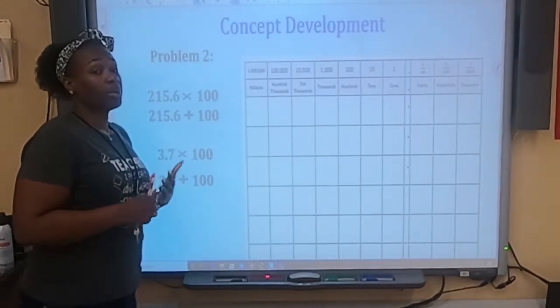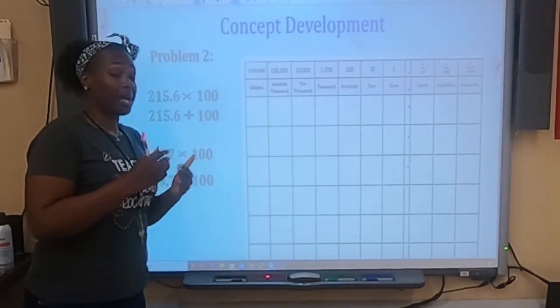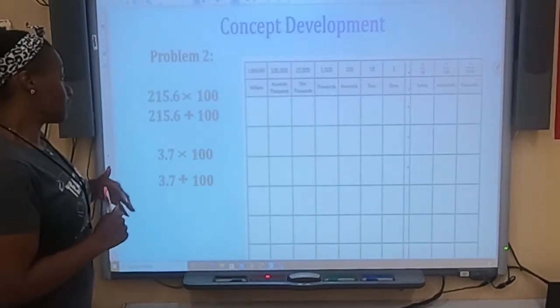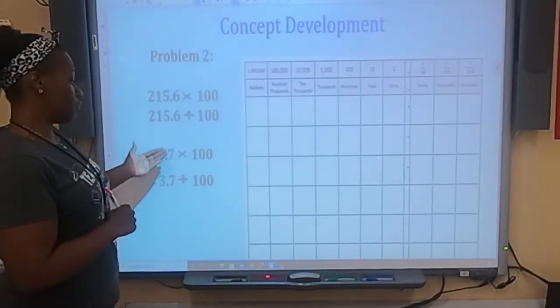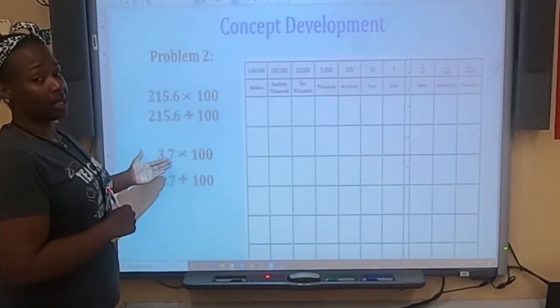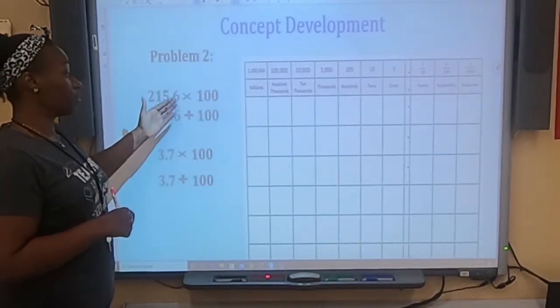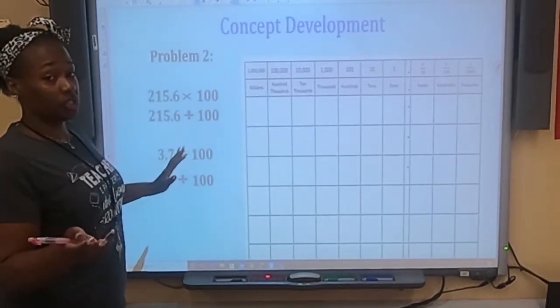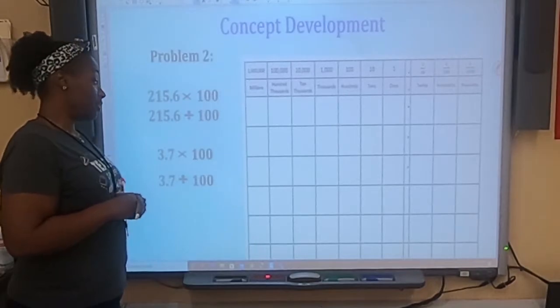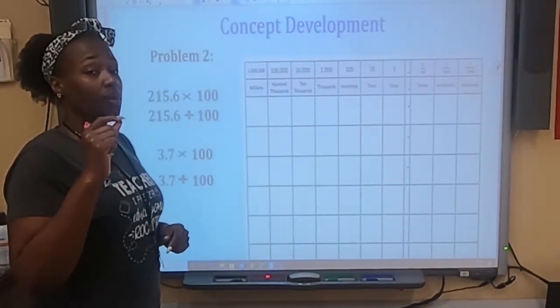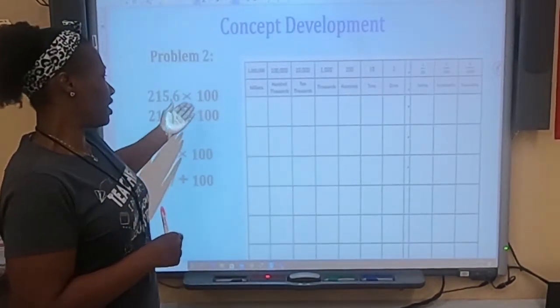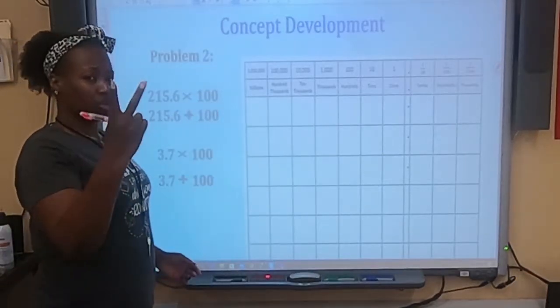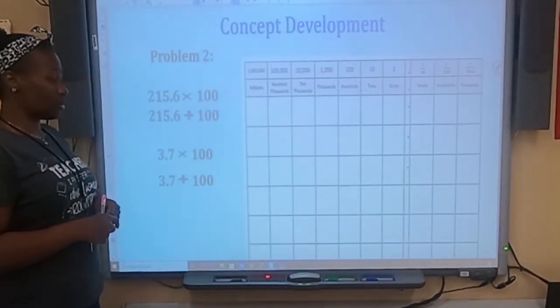Our first problem, we used all whole numbers when we multiplied and divided by 10. Well, notice on this problem, we're using decimals. And instead of multiplying and dividing by 10, we're going to multiply and divide by 100. The only thing that changed is with 10, we shifted 1 time. So with 100, we're going to shift 2 times because it has 2 zeros.